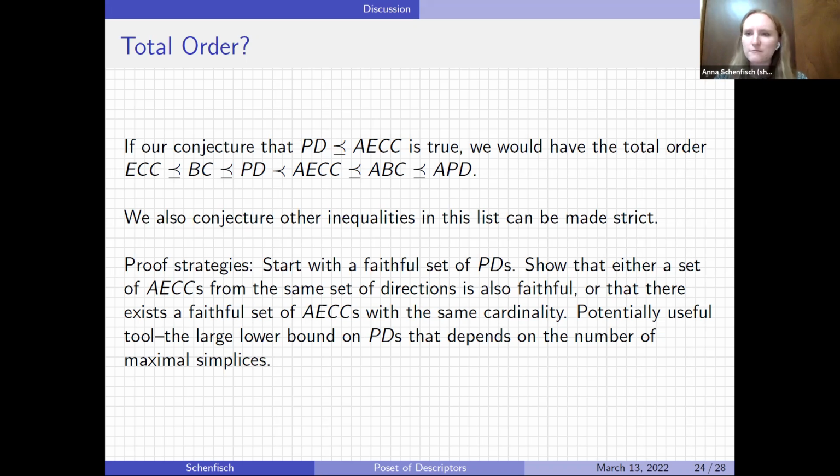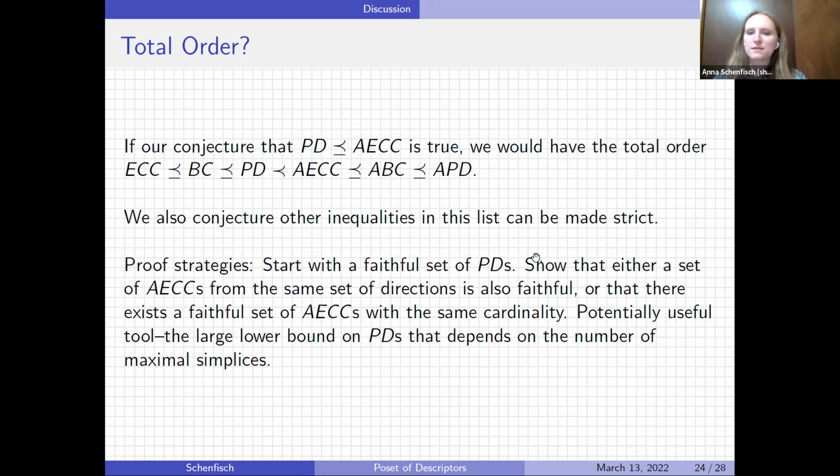One naive way, but perhaps a good starting place, is to start with some faithful set of persistence diagrams. Great, so we know it has properties about being perpendicular to maximal simplices. So we have a sense for the size of the set in relationship to the number of maximal simplices.